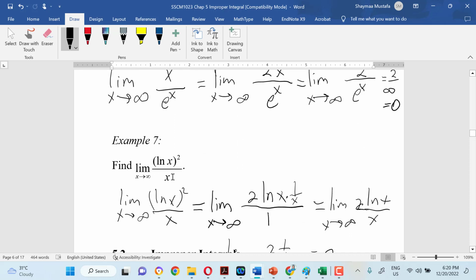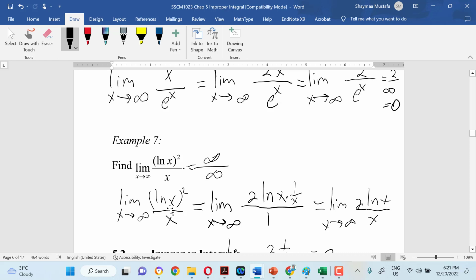This is another example. Direct substitution will give you infinity over infinity, so you have to apply L'Hopital's rule. The limit as x goes to infinity of (ln x) squared over x is infinity over infinity.